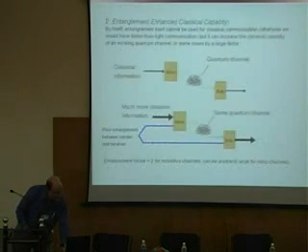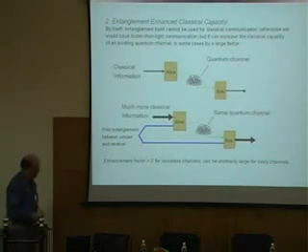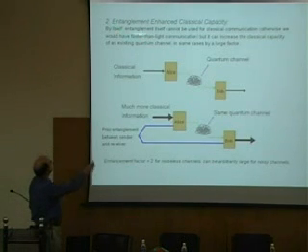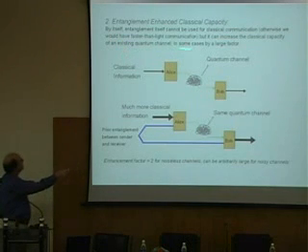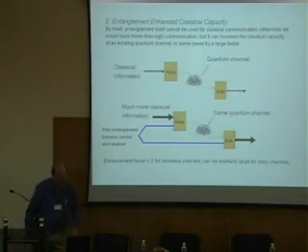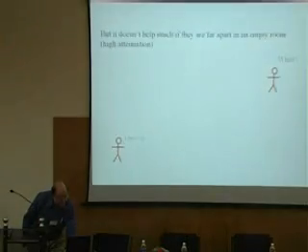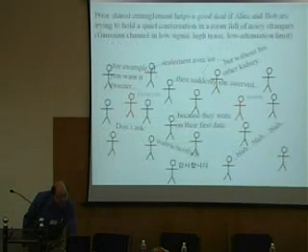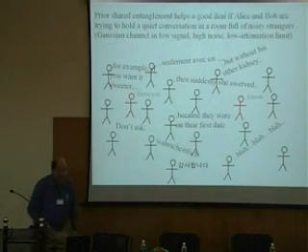And then I spoke of teleportation, but another thing you can do with entanglement is to improve the capacity of a classical channel. So if I have a quantum channel and I want to send some information through it, and it's noisy, so there's a limit. But now, if I have entanglement, which is not good for communication by itself, I can send more classical information through. Well, so here's an example. It turns out it matters a lot what kind of noise there is.